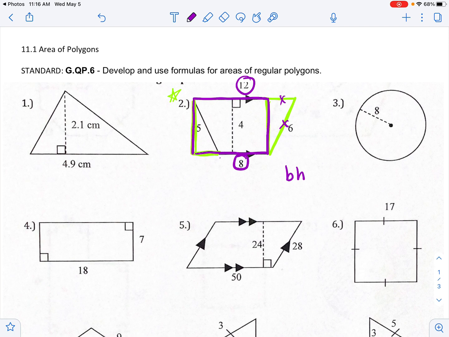So it's not just going to be regular base times height, it's going to be the average of the bases times the height. And that's what you're going to do for every single one of the parallelograms or trapezoids. You can do the exact same thing.